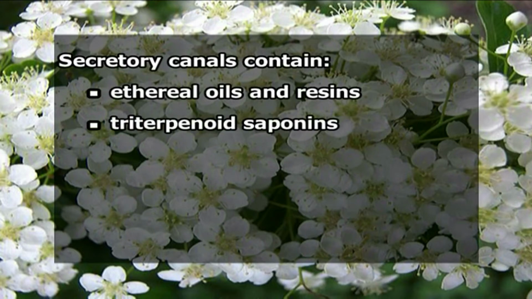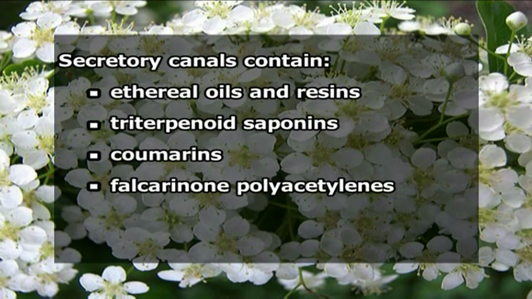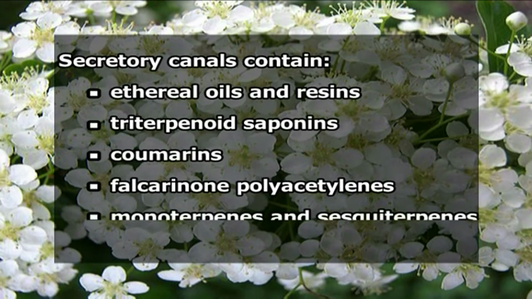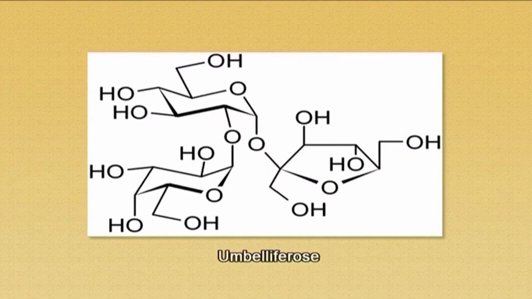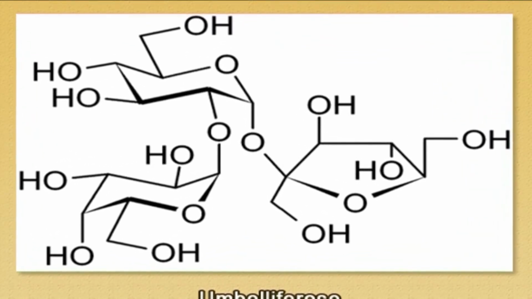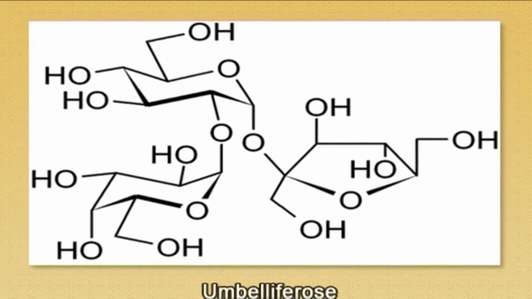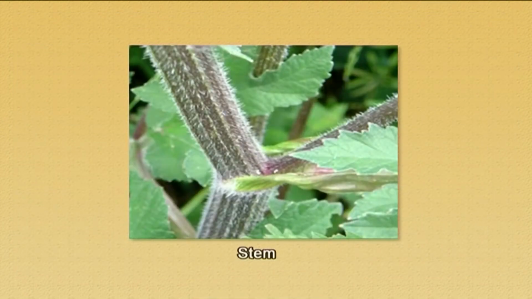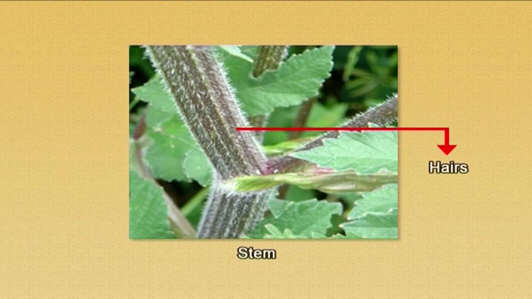Also, they contain triterpenoid saponins, coumarins, polyacetylenes, monoterpenes, and sesquiterpenes. A characteristic phytochemical by the name of umbelliferose is present in Apiaceae. What is this umbelliferose? It is a trisaccharide which occurs as a carbohydrate storage product. The stems are always associated with hairs, what is called pubescent, and these hairs are of various types.